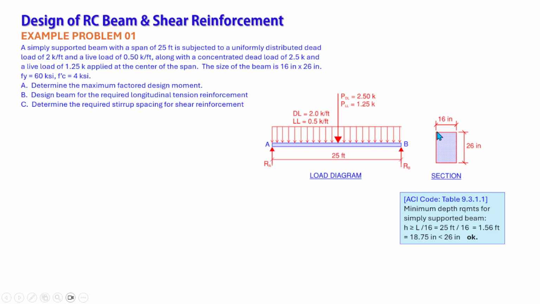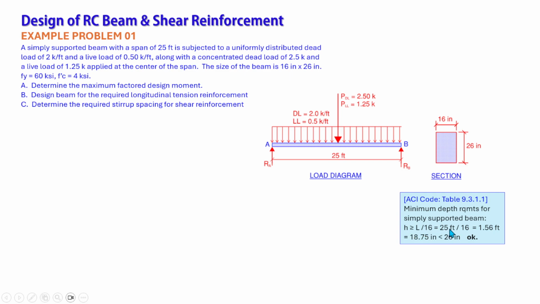So we have the cross-section of the beam, 16 inches wide and the total depth of the beam is 26 inches. We have a provision in the code, Table 9.3.1.1, that the minimum depth for simply supported beams should be greater than or equal to L over 16.